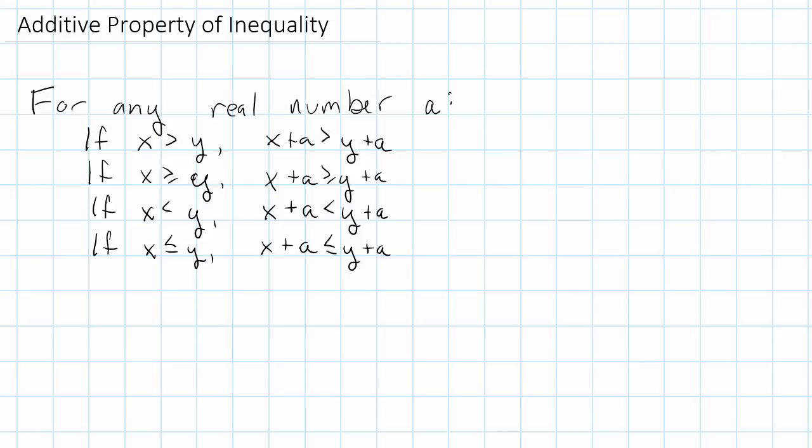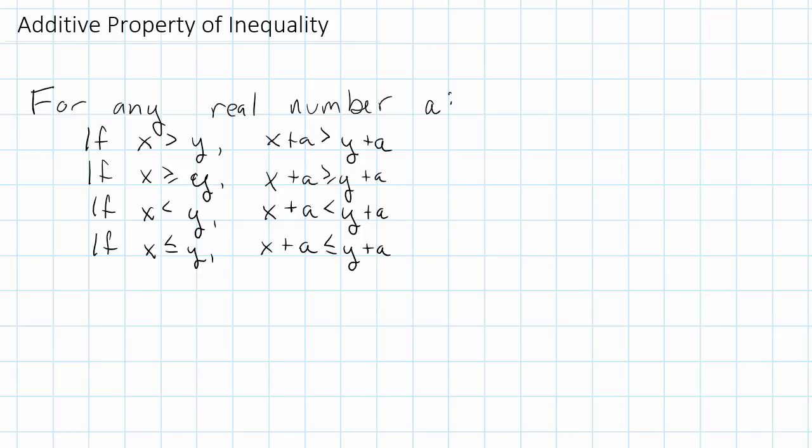The first property of inequality we're going to talk about talks about what happens when we add a number to both sides of the inequality. For any real number a, we can add it to both sides of an inequality without changing the order. So, I've written the rule separately for each of our inequality symbols.